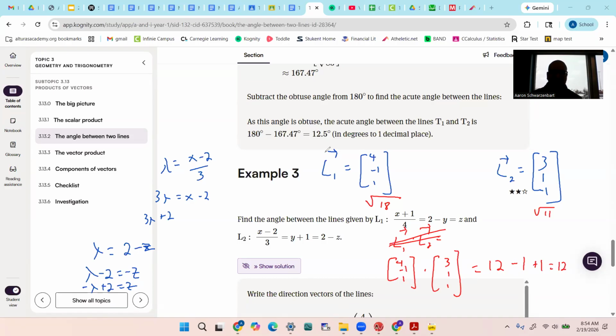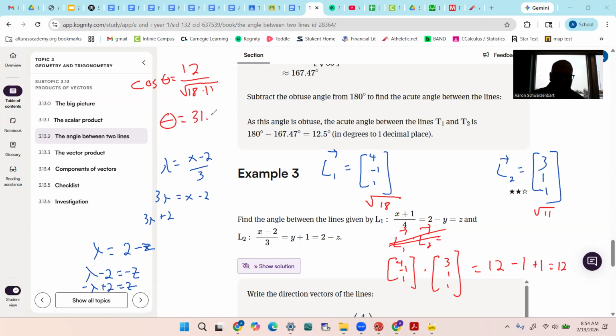Okay, 12. So now I'm going to do cosine theta equals 12 over square root of 18 times 11. I found the magnitudes down here. Instead of square root of 18 times square root of 11, they just multiply the insides.